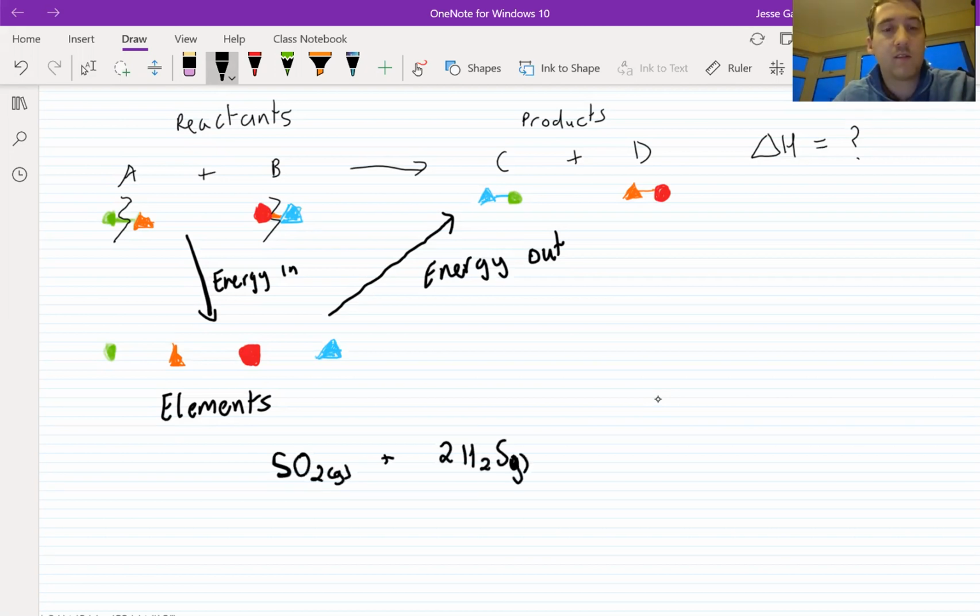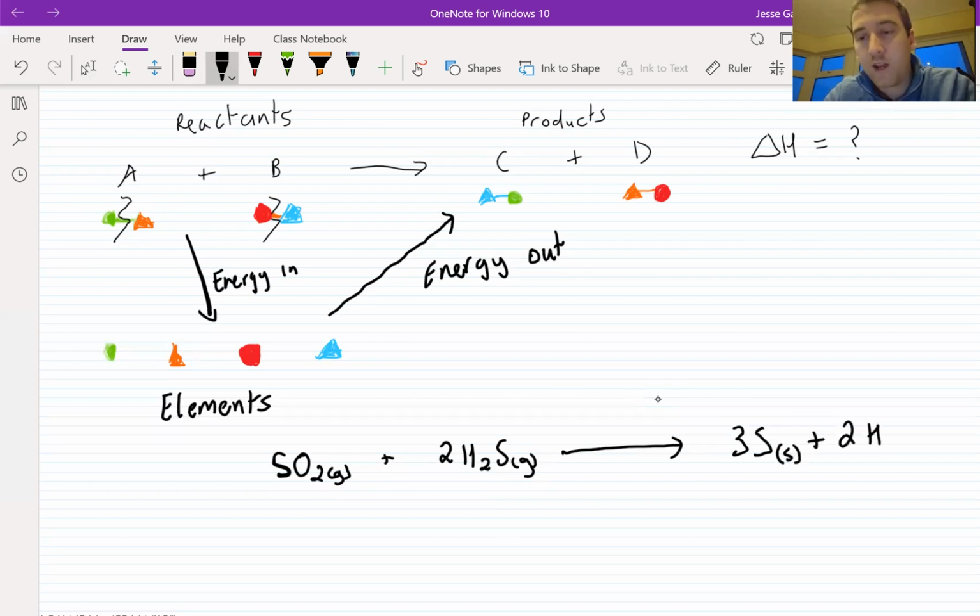So we've got 2 gases reacting, SO2 and H2S. I'm going to rewrite it a bit clearer. That's a gas. And we're going to react it to give 3 atoms of sulfur, which is a solid, plus 2 molecules of H2O, which is a liquid.